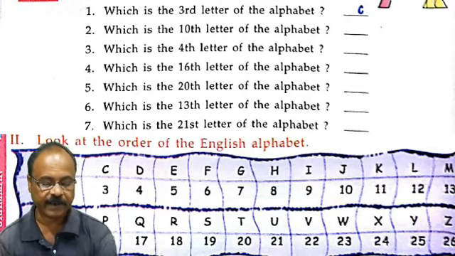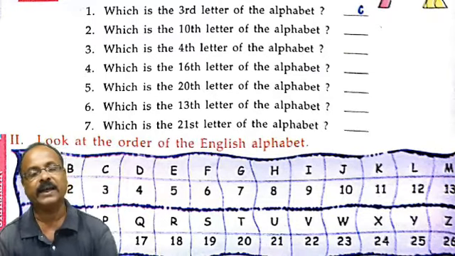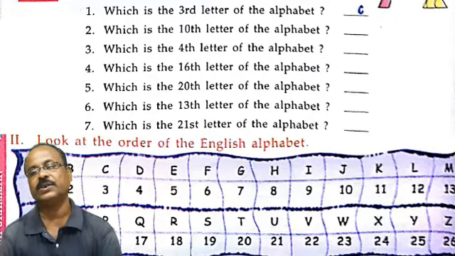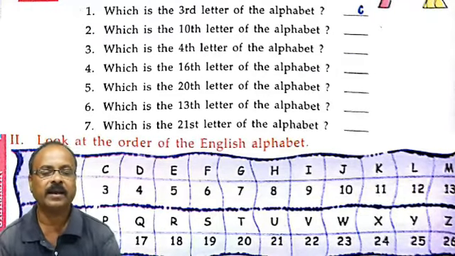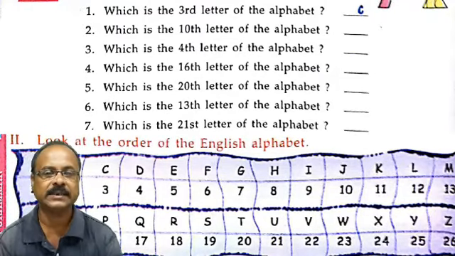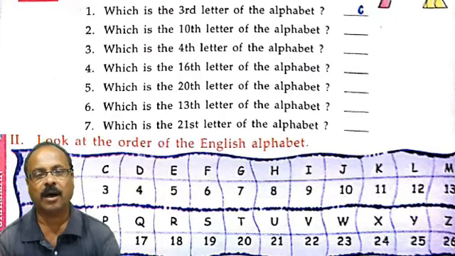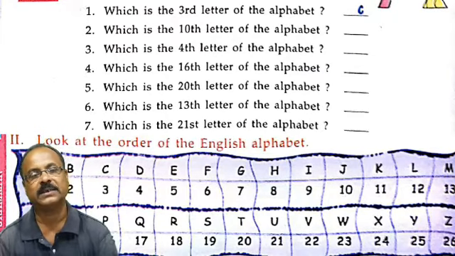G for 7, H for 8, I for 9, J for 10. Like this, Z stands for 26. So we know there are 26 alphabets in English.